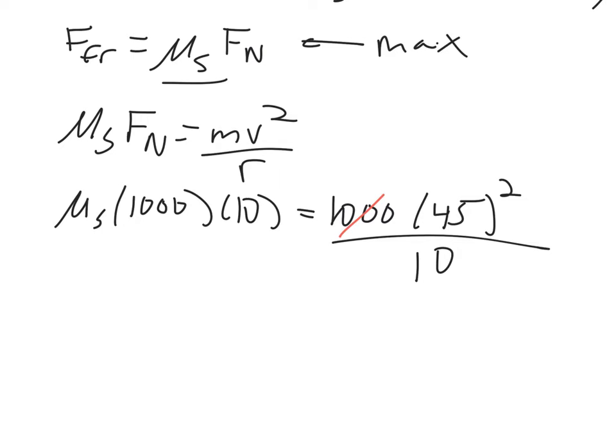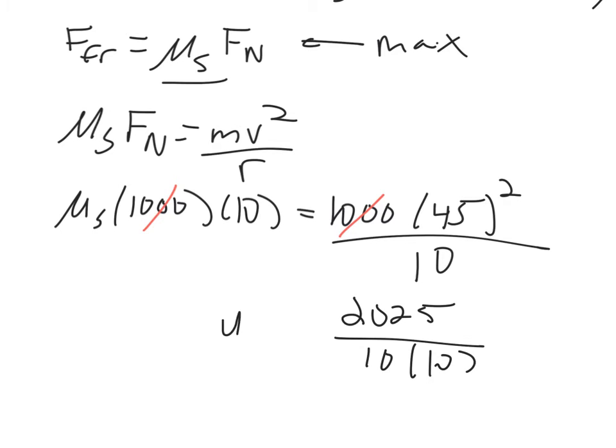These 1,000s will cancel out because the mass ends up not mattering at all for these types of problems. The masses are on both sides, so they will just cancel out. And 45 squared is 2025. So 2025 over 10, and I'm also going to divide that 10 over, so really it's over 10 times 10.